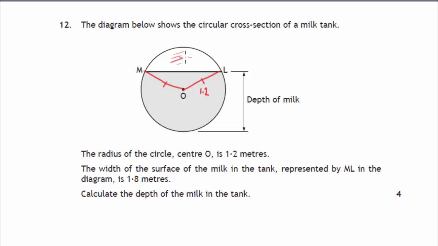If we split this triangle into two, we're left with a right-angled triangle, and a side which is half of 1.8, which is 0.9. If it's a right-angled triangle and we know two sides, we can use the Pythagoras theorem.